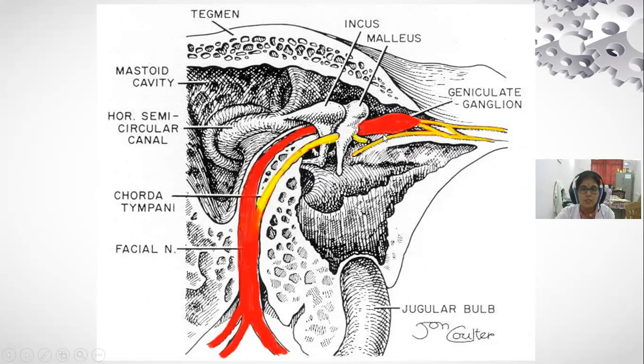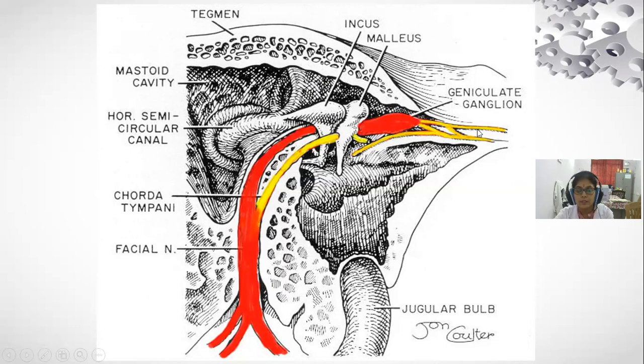So facial nerve anatomy itself is a separate class. I'm just showing you the important part which will form one of the contents of your middle ear. If at all I start talking of the facial nerve, the lecture will not be complete. So I would like to take facial nerve anatomy as a different class.